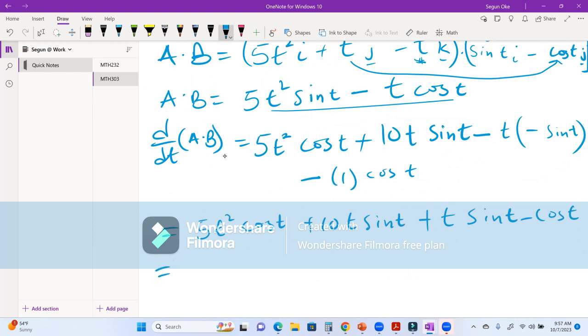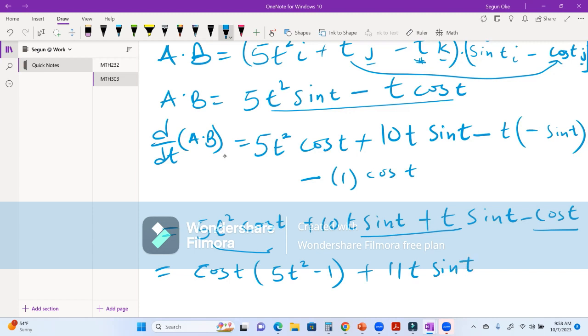So at the end of the day, you discover that this and this can go together the way we did the other time. I can take cos t out and say 5t squared minus 1. Then I can add these two together, plus 11t sine t. Any question? Do we have the same thing?